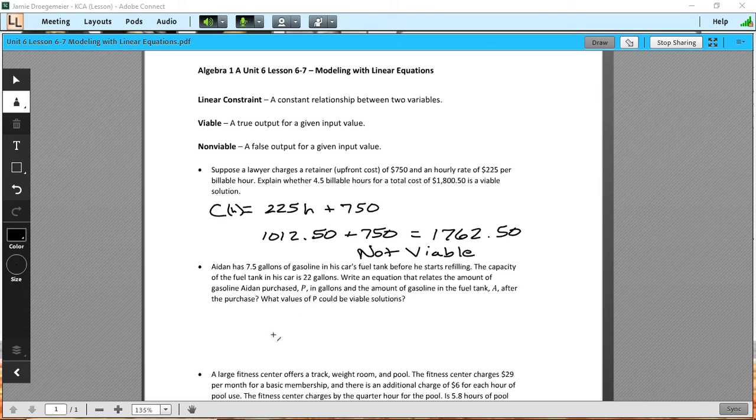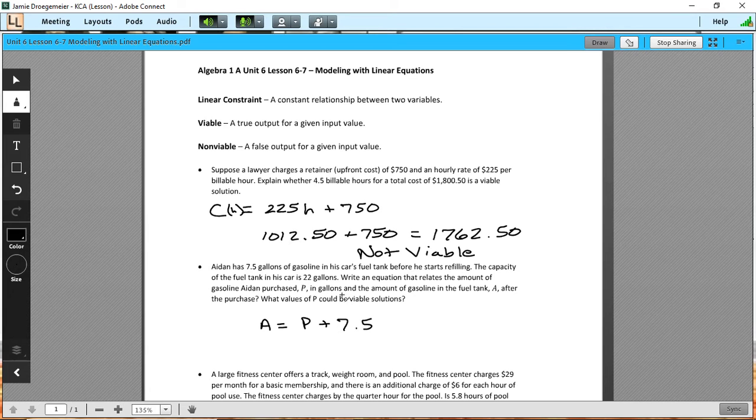So our equation, A is going to equal the number of gallons he purchases plus the 7.5 that he started with. Now, that's our equation. When we think about what the possible values of P would be, that's really what we're talking about, our domain here.